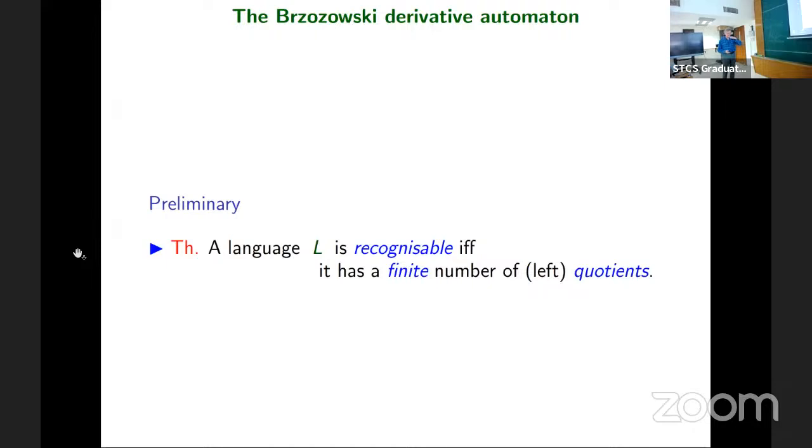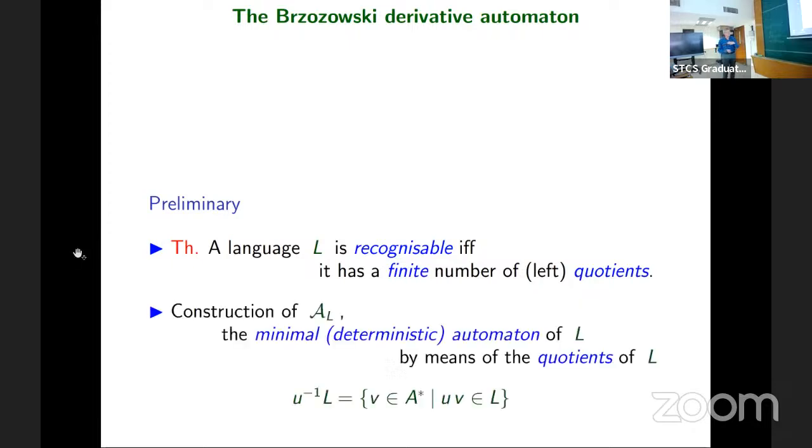This construction is based on the fact that a language is regular if it has a finite number of left quotients. For any language L and any word U, the quotient of L by U on the left is the set of words V such that UV is in the language.